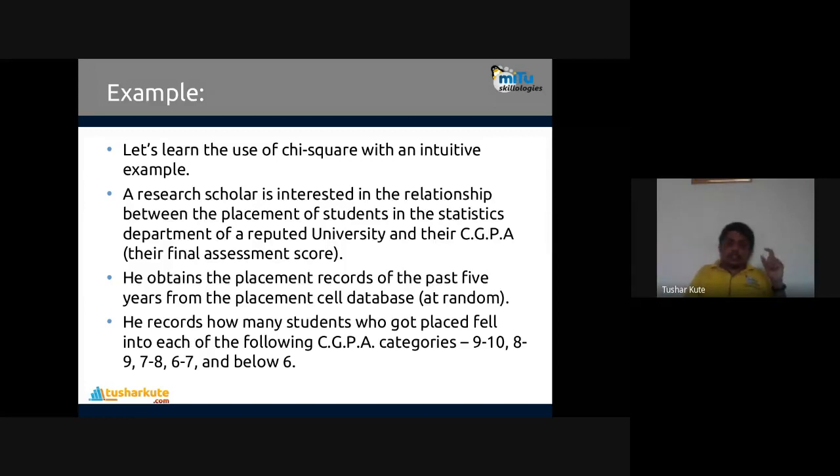He records how many students who got placed fall into each of the following categories: 9 to 10 CGPA, 8 to 9 CGPA, 7 to 8 CGPA, 6 to 7, and below 6 CGPA. So five categories are created, and we have to identify how many counts there are in each category, that is, how many students were placed according to the CGPAs.